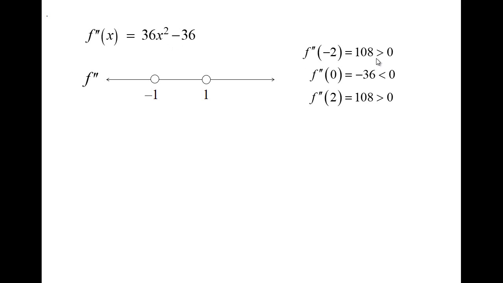That's definitely bigger than 0. So the second derivative is positive on the left side of -1. Between -1 and 1, if I pick 0 in between, then when x is 0 we get negative, so f double prime would be negative between -1 and 1. And f double prime evaluated at 2 is going to be the same as 108, so that's positive. So we obtain this sign graph for f double prime.